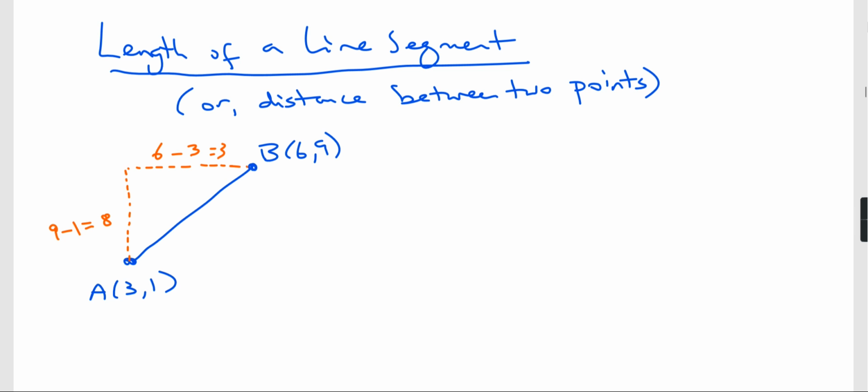So how do I figure out the length of this? If I redraw this for you, what we actually have is a right angle triangle, where this is 8 and this is 3. And how do we figure out the hypotenuse of a right angle triangle if we know the lengths of the other two sides?